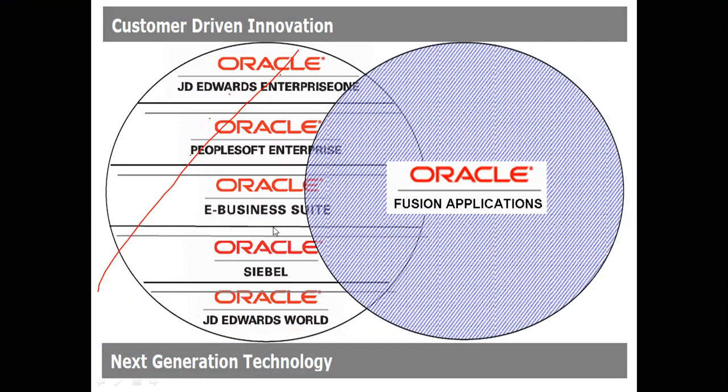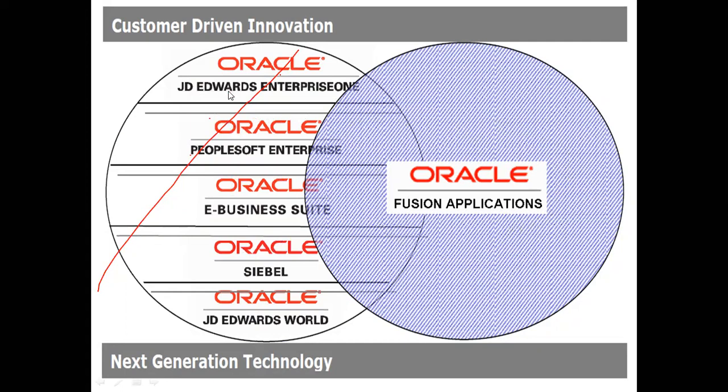All these ERPs they have merged, meaning they started creating a new ERP application called Fusion applications. They don't want to continue with these 4 ERPs. Instead of providing support for 4 different products, they would like to have only one product in the future. When I say in the future, maybe after 4-5 years, I don't think these ERPs will be in the market after 2020.